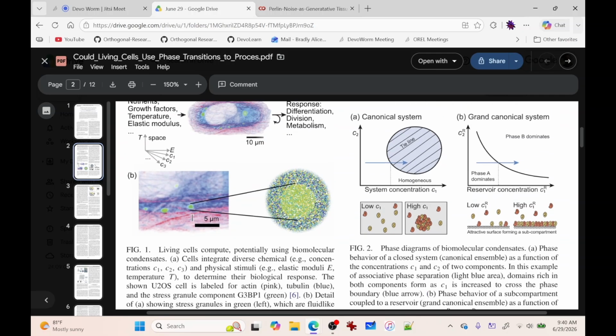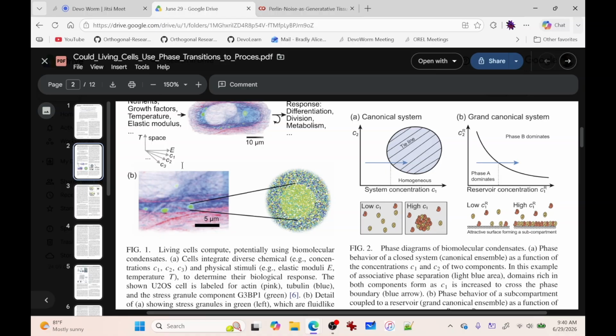Cells are always integrating different chemical signals, and the chemical signals have different strengths. It's much like sensory information in humans. If you have visual information or auditory information or haptic information, it always happens to be different strengths.